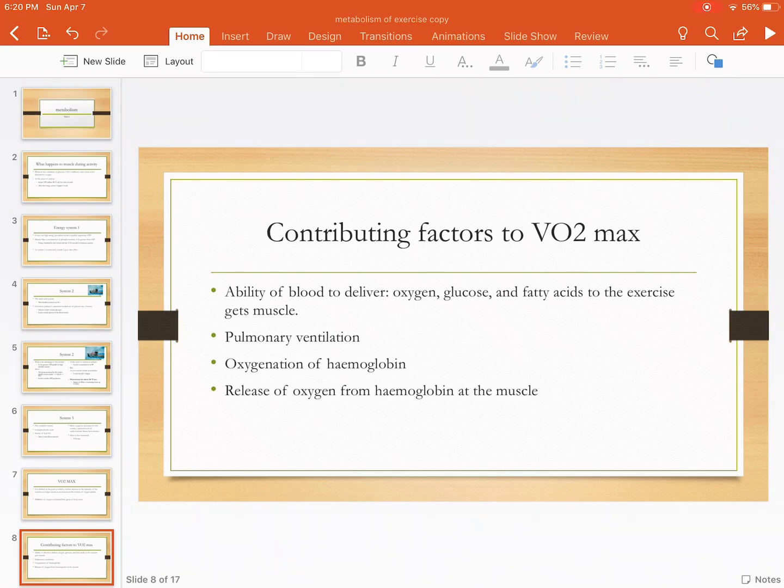Oxygenation of hemoglobin also, altitude definitely does play a factor here, and release of the oxygen also from the hemoglobin at the muscle. These are all the contributing factors to the VO2 max. But I just want you guys to know that this value can change as your level of fitness changes.